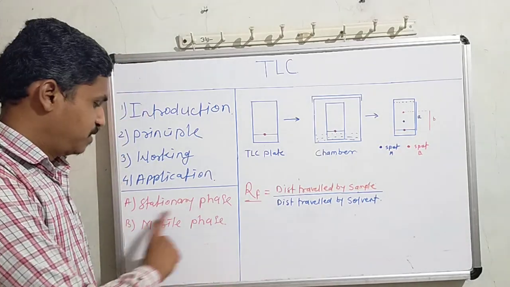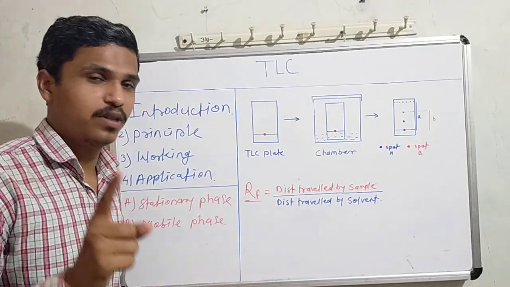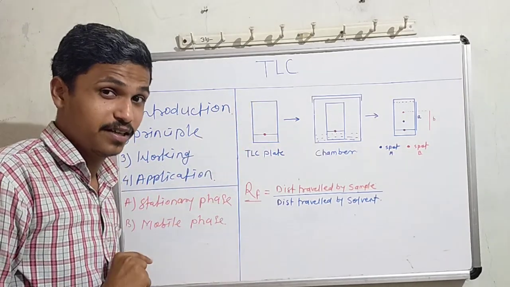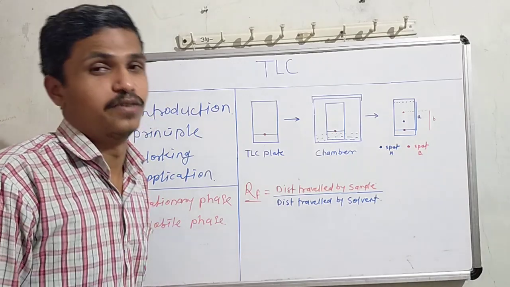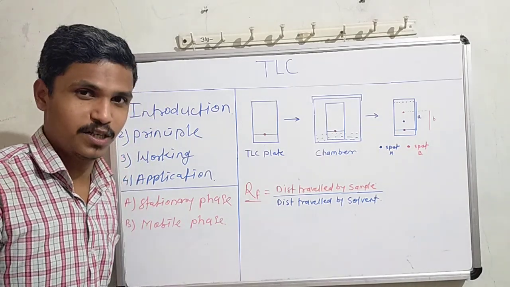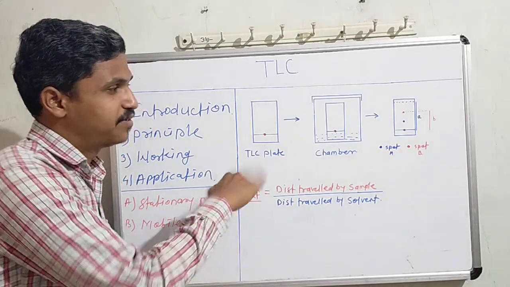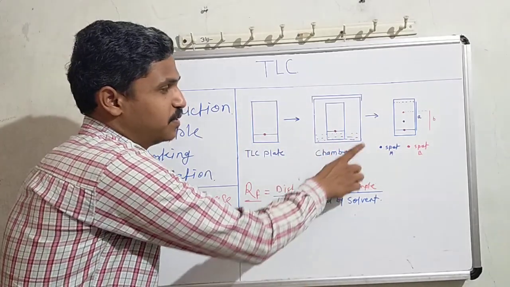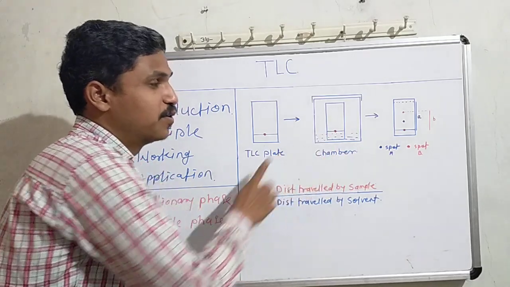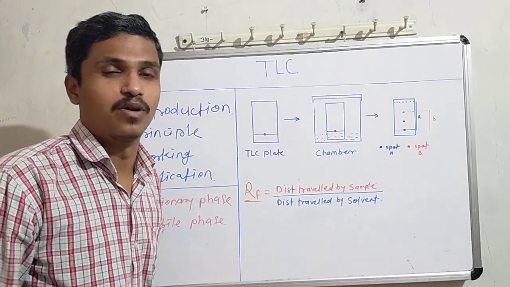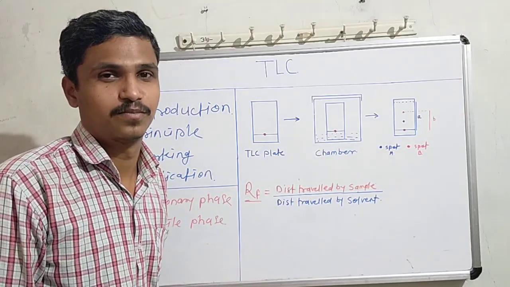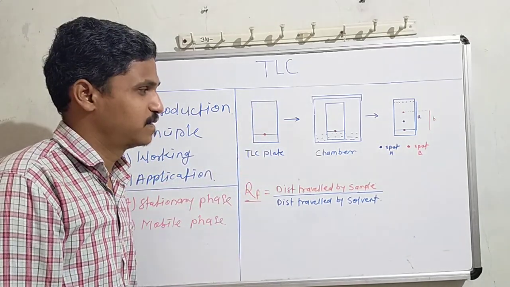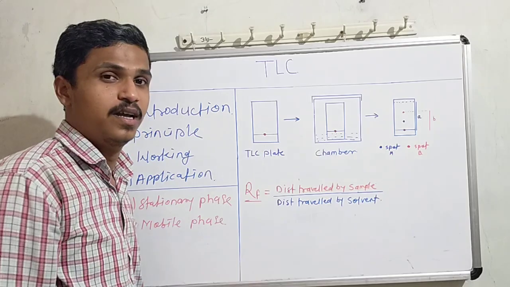When we discussed the stationary phase and mobile phase, I earlier told that this TLC plate acts as the stationary phase because it is solid, it can't move. And the second one is called the mobile phase, which is in liquid form, called the solvent. Okay, and this TLC plate, the stationary phase, is polar.